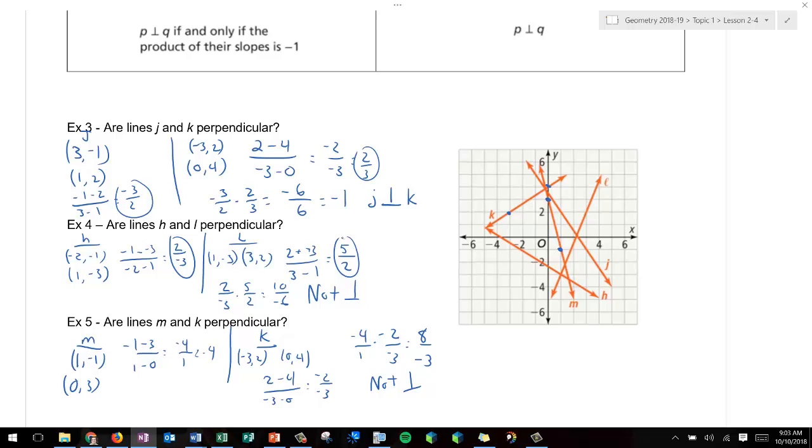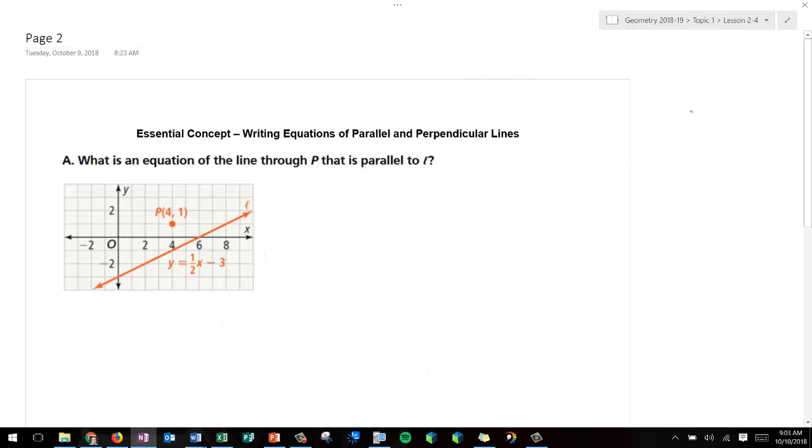So now we get to the final piece of this, which is taking a point and a slope, like that point-slope form in our review video, and creating parallel and perpendicular lines to a given line. So we've got two examples here. First thing they want us to do is they gave us an equation, and they want us to create an equation of a line through this point P that's parallel to the given line.